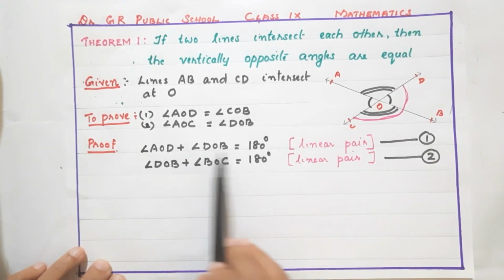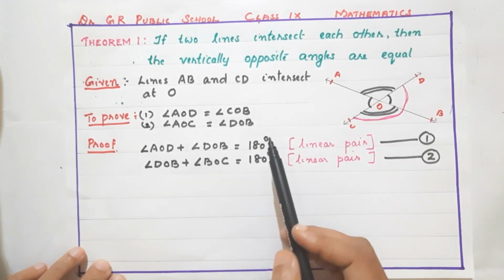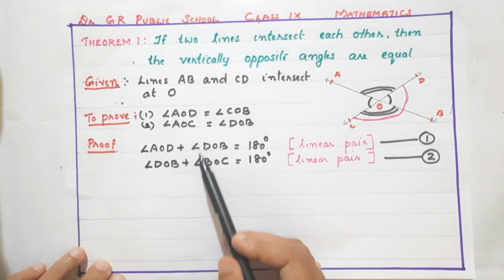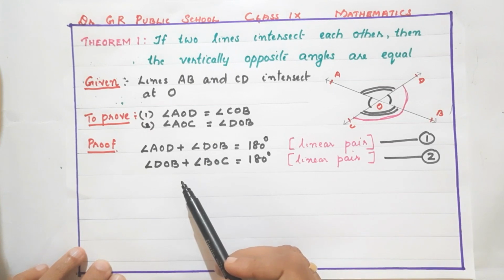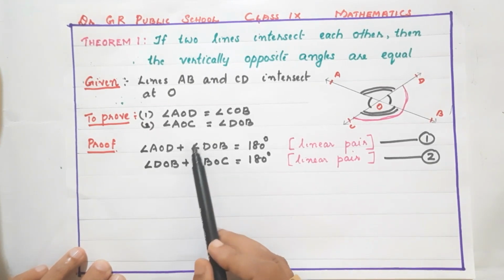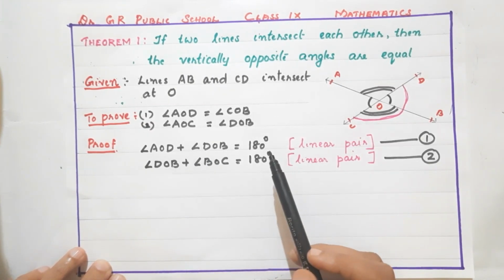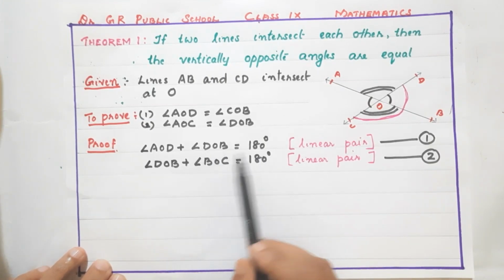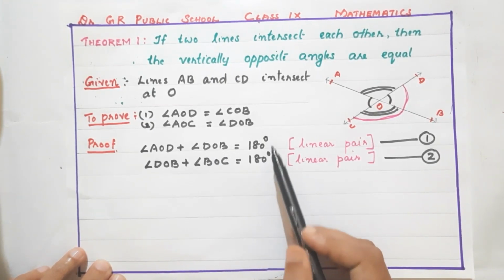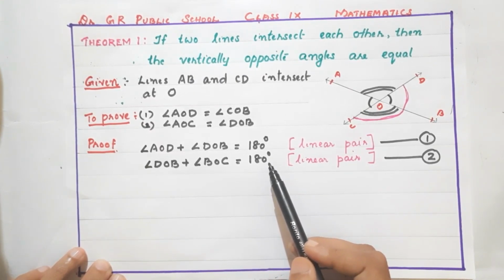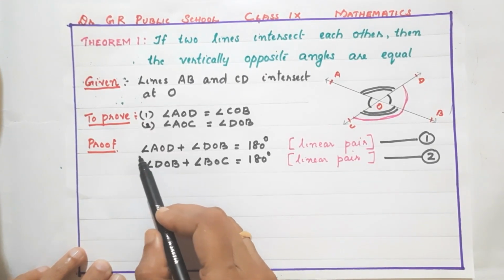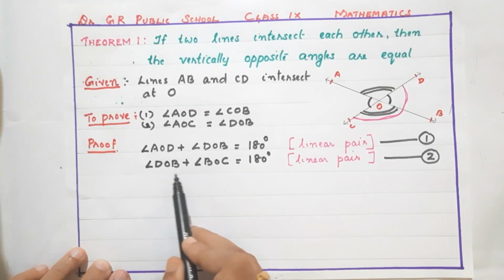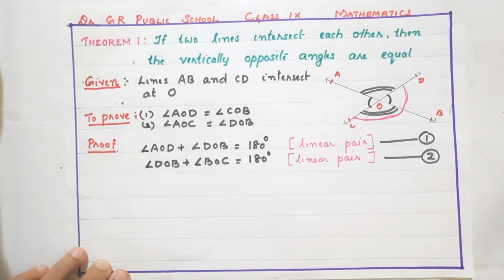In two equations, if the RHS are equal, we can say the LHS are also equal, or if the LHS are equal, we can say the RHS are also equal. So here in both equations the RHS is 180 degrees. So what can we say? The LHS of the first equation is equal to the LHS of the second equation.